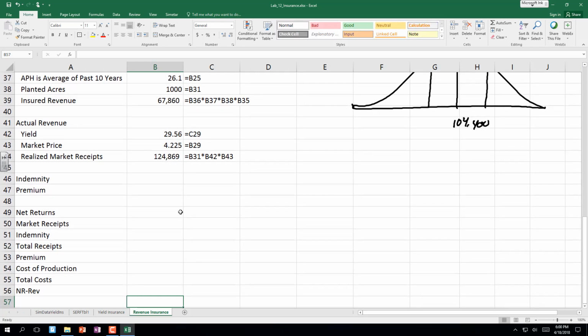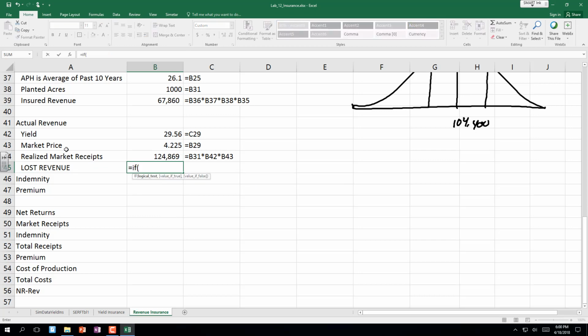Now, I'm just going to add a row in here, lost revenue. We'll do that with an if statement. If this revenue here, my actual or realized revenue, is less than what I insured at, then I'm going to take the insured revenue minus the realized market receipts, otherwise zero.